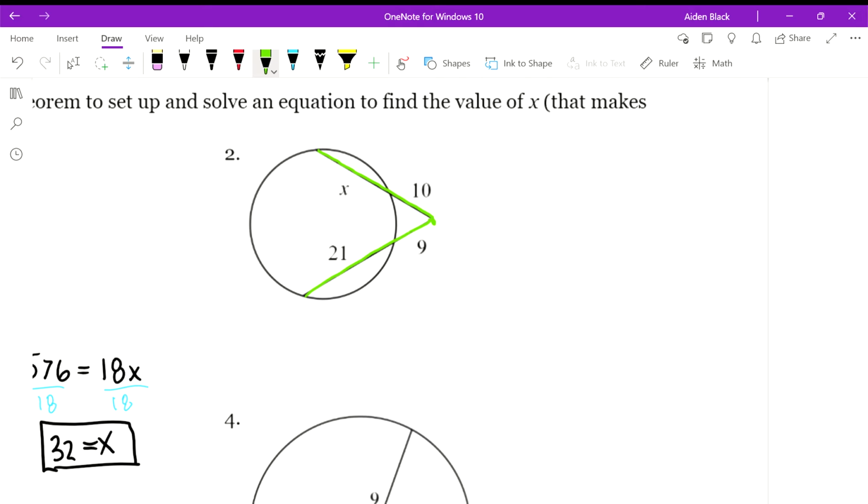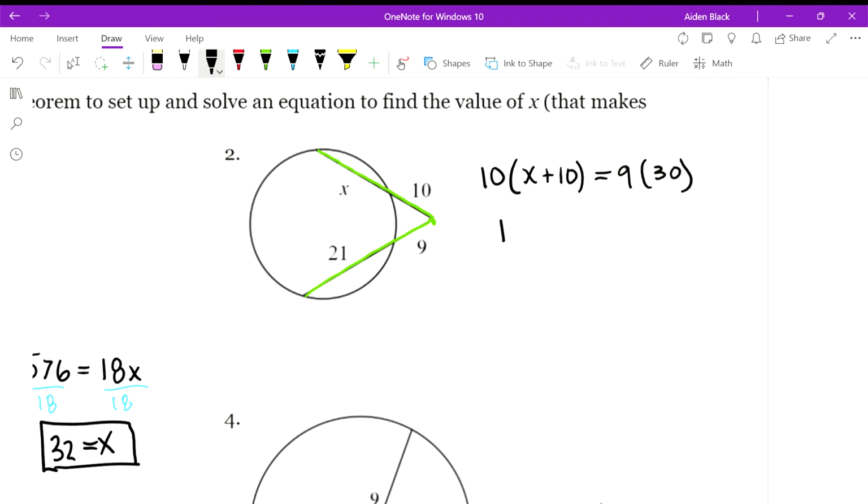So for the secant-secant power theorem, we know that it is the external part of one secant segment times the entire secant segment is equal to the external part of the other secant segment, so 9, multiplied by the entire secant segment. So that's 21 plus 9, right? That entire segment is 21 plus 9. We'll just simplify this here and say 30.